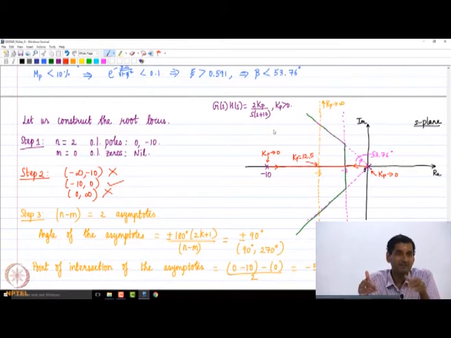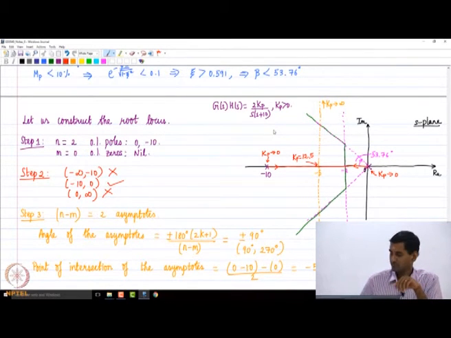My primary purpose here is to introduce the concepts to you, and we work it out using simple problems to begin with. As you go along, the problems will become tougher and tougher. In your homework you may get tougher problems for which you can make use of some computational tools also, that is fine. But there can be various cases.